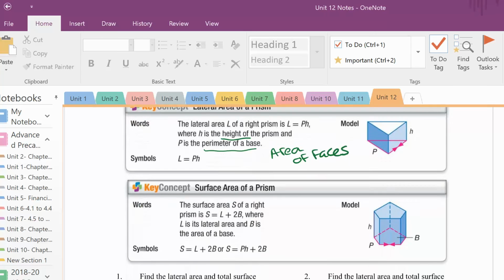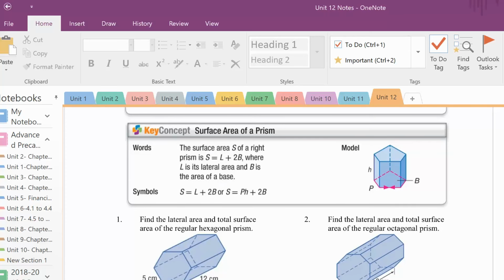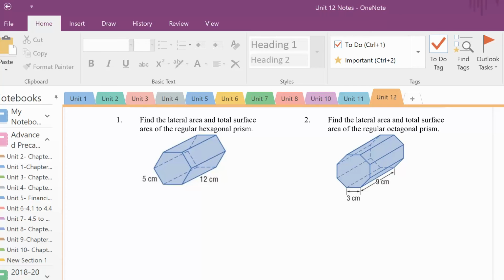The surface area is the total area, and that is the lateral area plus the area of the two bases. So, to find the lateral area and surface area of this hexagonal prism, remember lateral area equals perimeter of the base times the height.